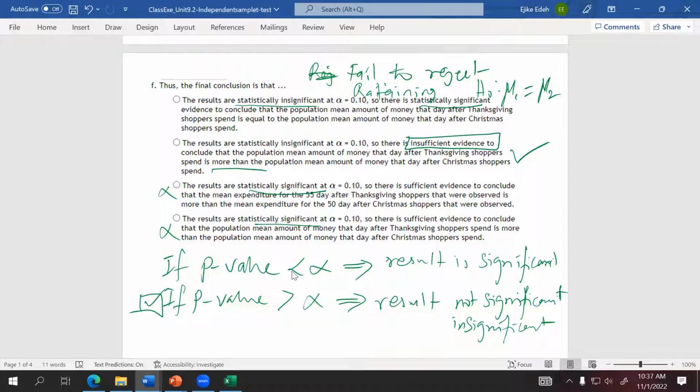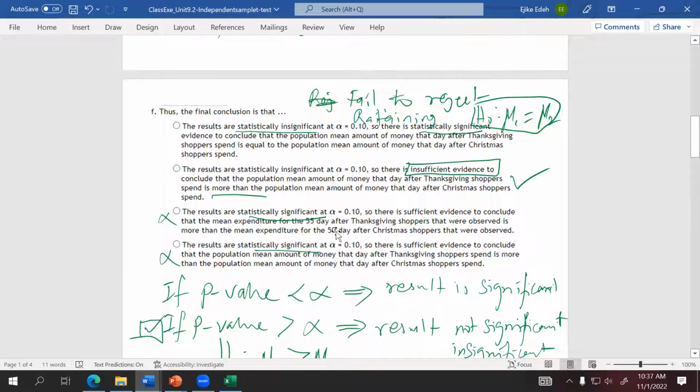The alternative says H1: mu of after Thanksgiving is greater than mu of after Christmas. But we did not reject the null. The null says that they are equal. So you just try to pick the answer based on your results. Just look for something that agrees with what you got. And that will be how the result is. Any question or concern about this?